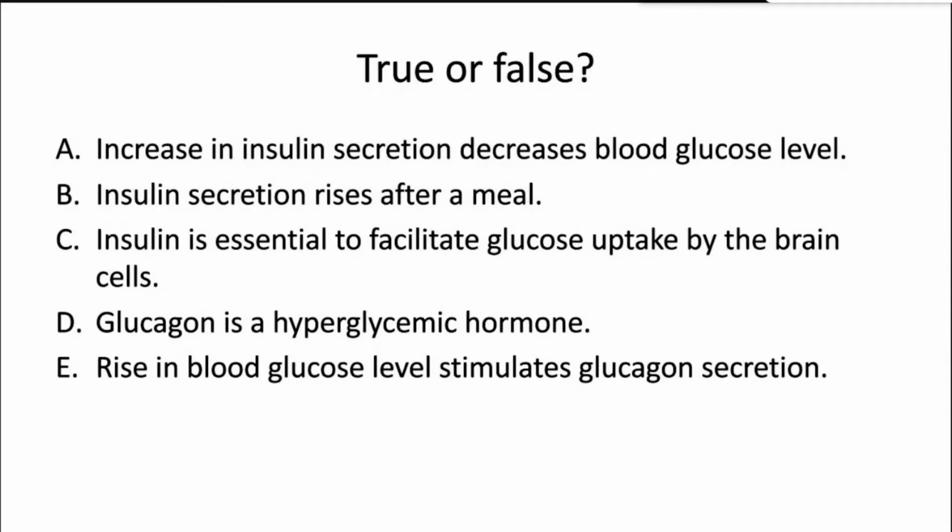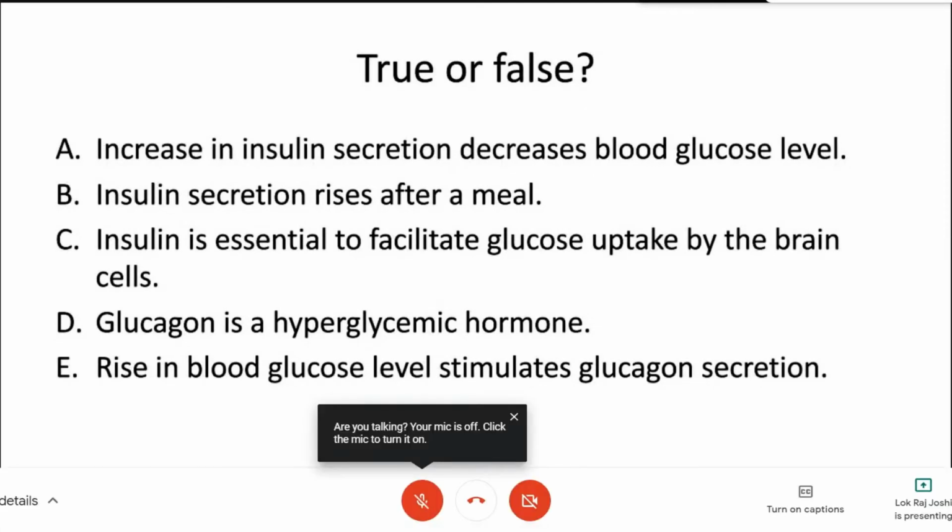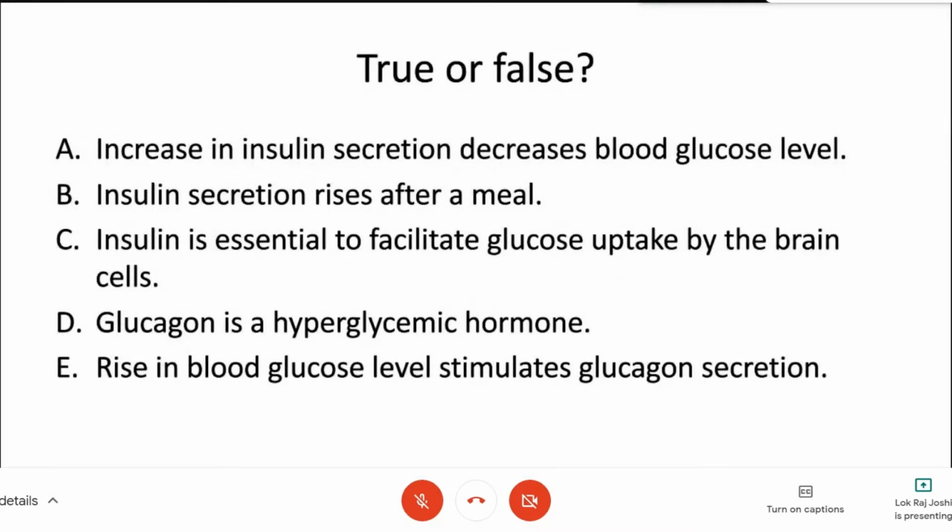One is it depends almost solely on glucose for its energy, and another, it does not require insulin for glucose uptake. Therefore, even if there is insulin deficiency, brain will be able to use glucose. Ketone bodies are utilized when there is no availability of glucose.